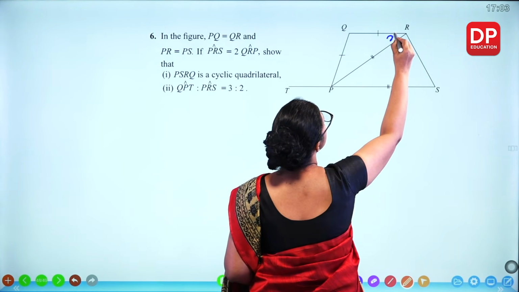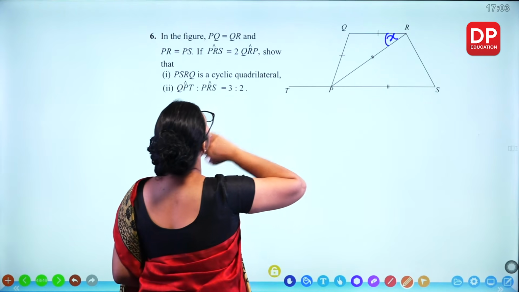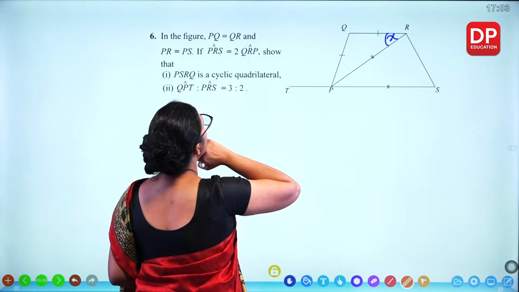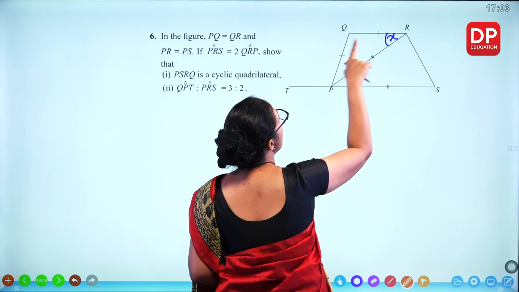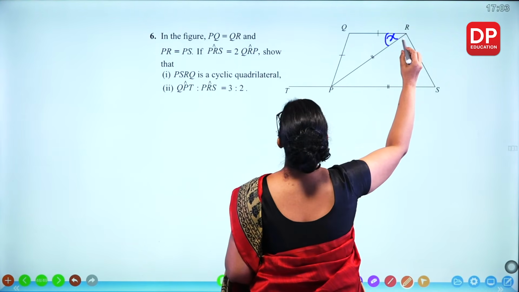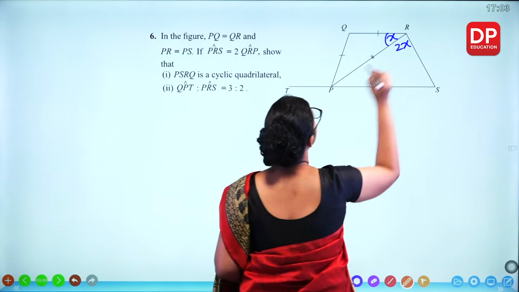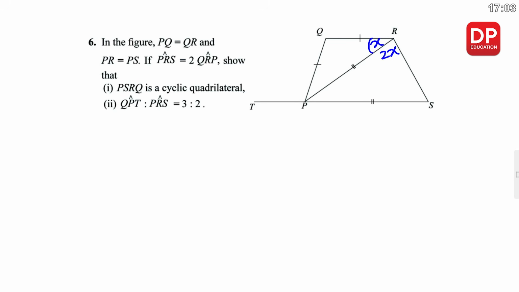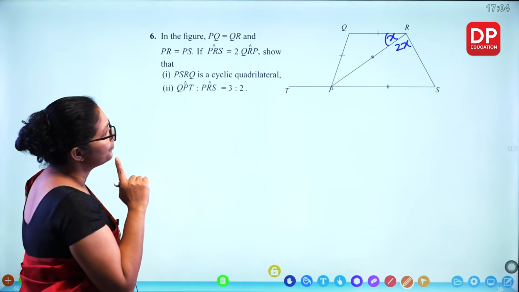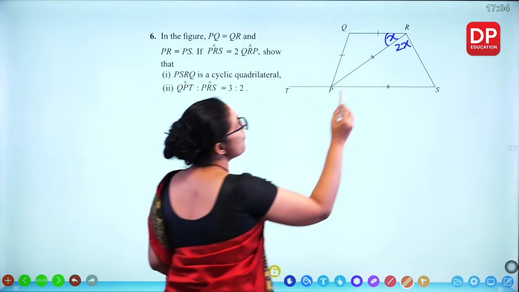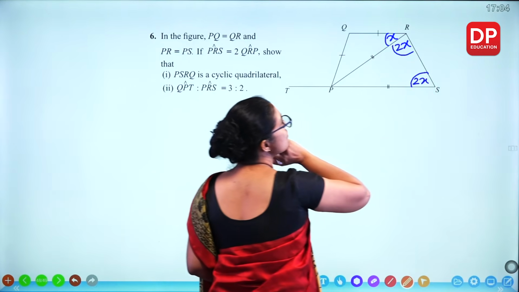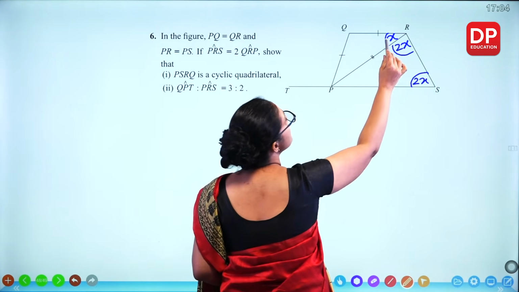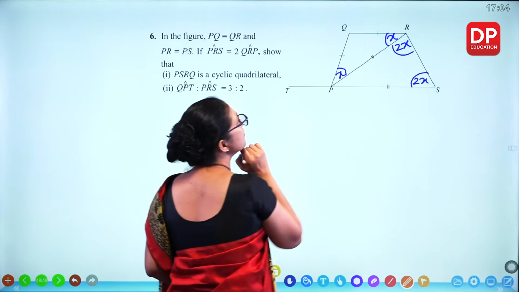If this is X, QRP is X, then PRS is 2X. Show that PSRQ is a cyclic quadrilateral. Now, if this is 2x, this is 2x, isosceles triangle. If this is x, this is x.